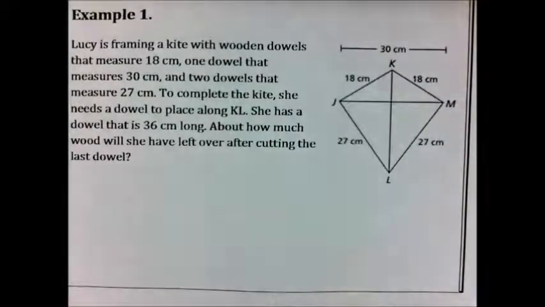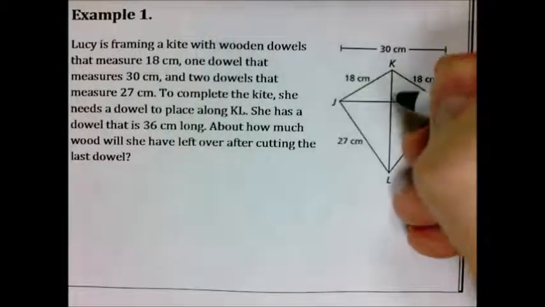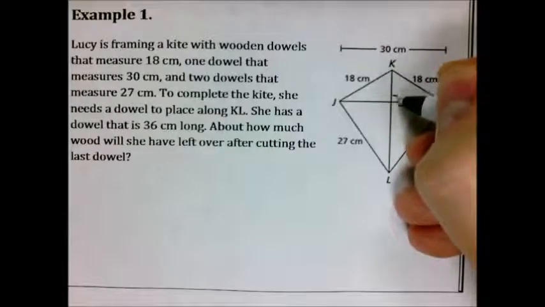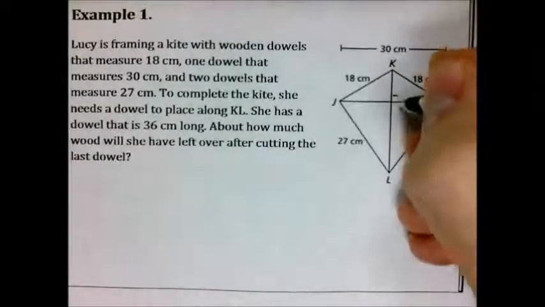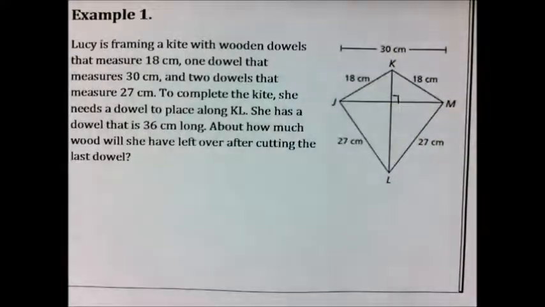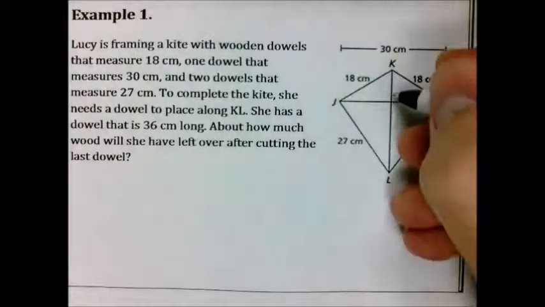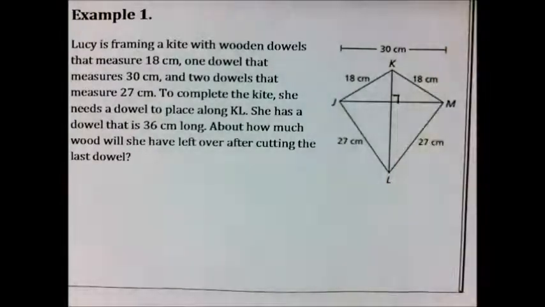So to figure this out, we have to know certain things about this kite. Like the theorem said, these are right triangles, which means we know that the Pythagorean theorem works on these.